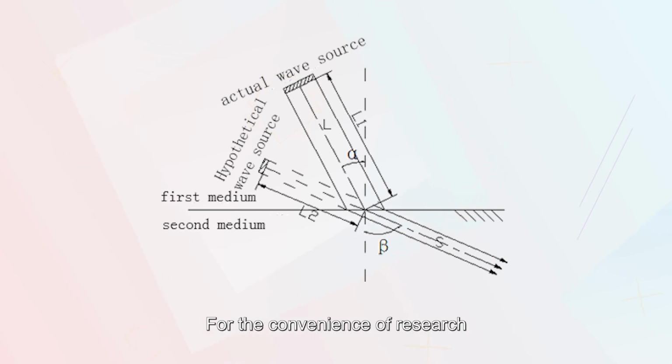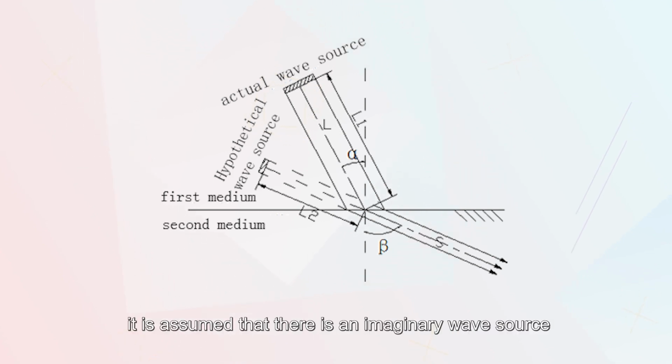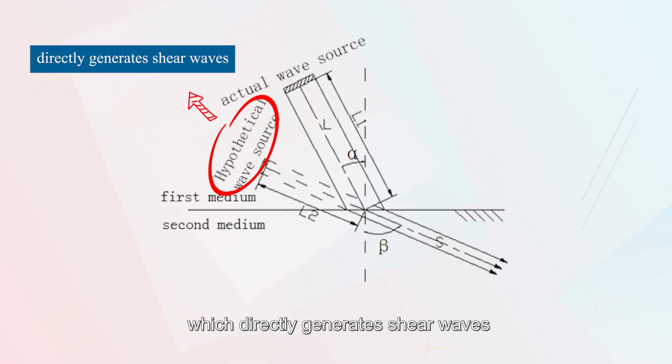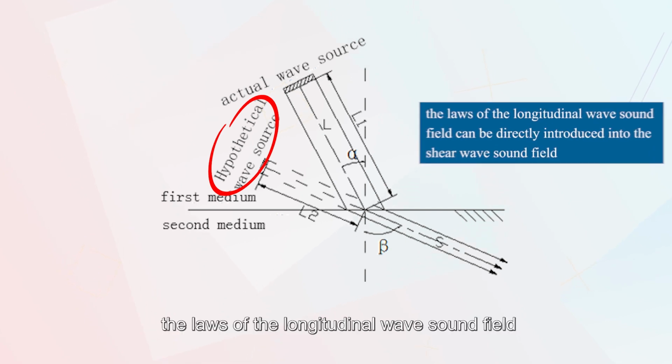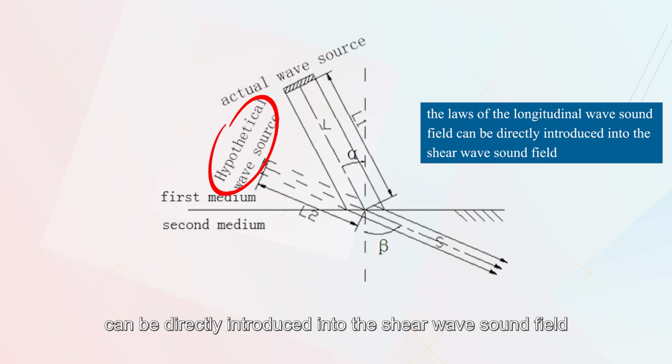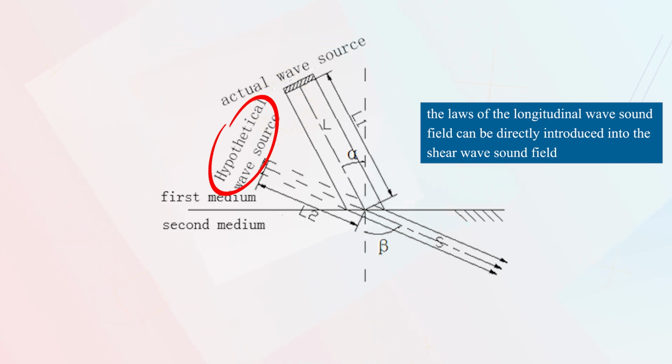For the convenience of research, it is assumed that there is an imaginary wave source which directly generates shear waves and enters the second medium straight without changing the propagation direction. In this way, the laws of the longitudinal wave sound field can be directly introduced into the shear wave sound field.